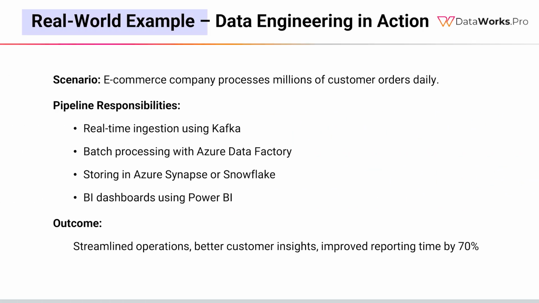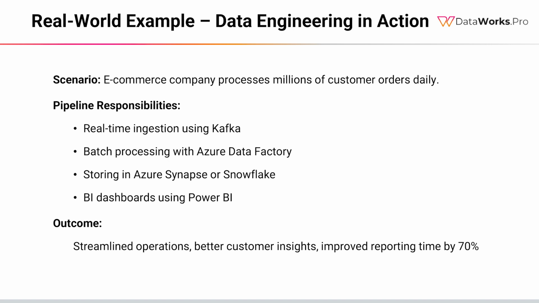Let us take a real world example of data engineering in action. Let's take a simple example like an e-commerce company like Amazon. Customers place millions of orders daily, whereas the data engineers use Kafka to capture the live order data, and they can also use Azure Data Factory to move the large data into a warehouse.